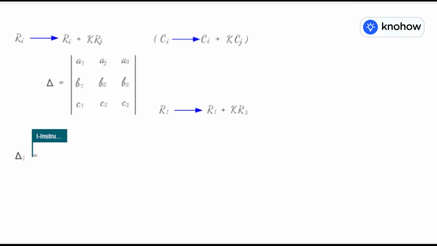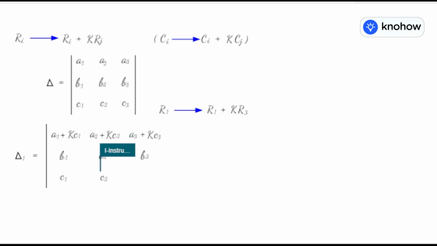It will be, in R1, A1 plus K times C1, similarly A2 plus K times C2 and A3 plus K times C3. And the rest 2 rows, that is B1, B2, B3 and C1, C2, C3, will remain the same. Then this newly obtained determinant will be same as delta.